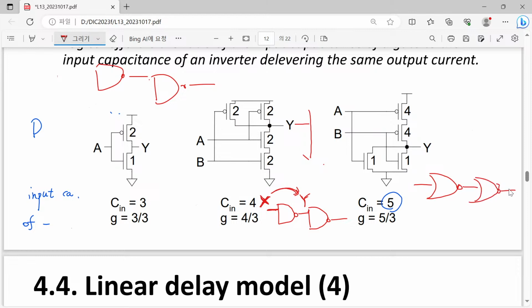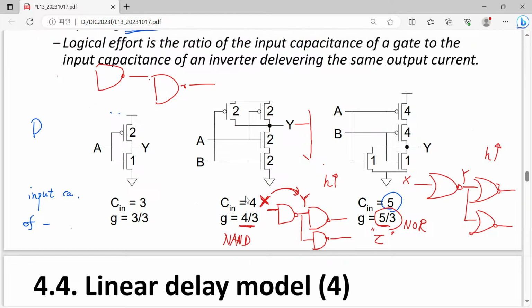Let's say that we have the same amount of additional load. What the logical effort tells us is that when you add an additional dependent load to this Y node, your H value is increased by 1, and fan out is also increased by 1, and you can expect the increase of your propagation delay will be larger for your NOR gate than your NAND gate. Sorry, not N MOSFET, I misspoke.